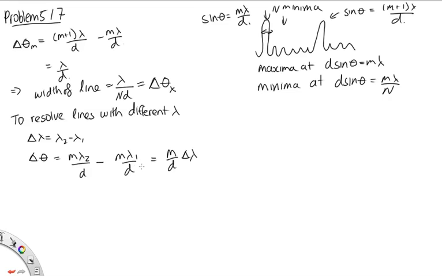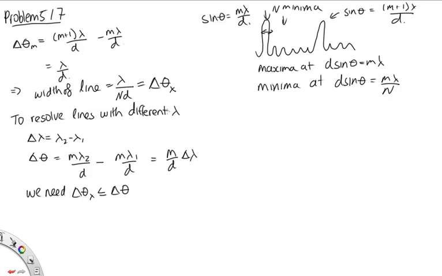Now, to be able to resolve them, we need this separation to be bigger than the line width. If it's not, then these two lines will look like they're exactly on top of each other and we won't be able to resolve them. So we need delta theta lambda, the line width, to be less than or equal to delta theta. When it's equal to, that'll be the resolving limit.